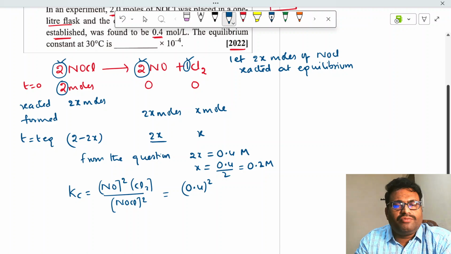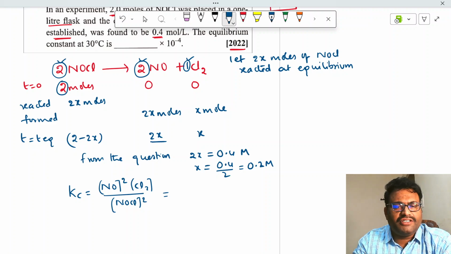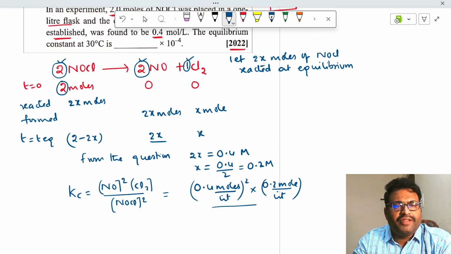Otherwise, if you write by 1 liter, again it gets cancelled. So 0.4 moles per liter whole square into chlorine, where we have calculated x as 0.2 mole per liter, by NOCl.